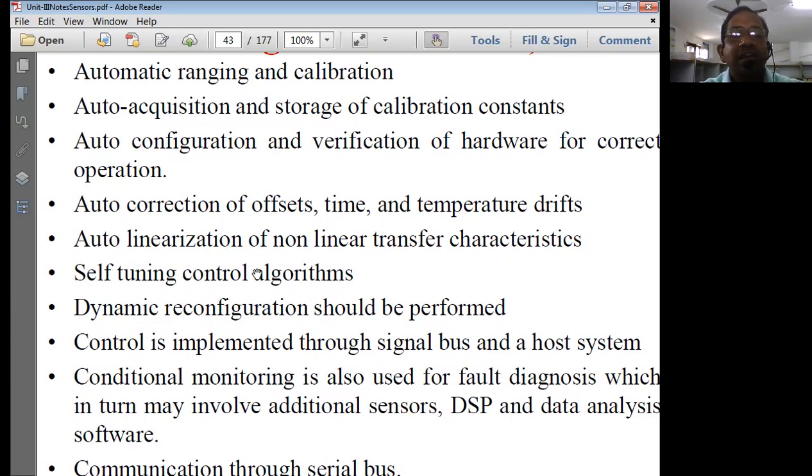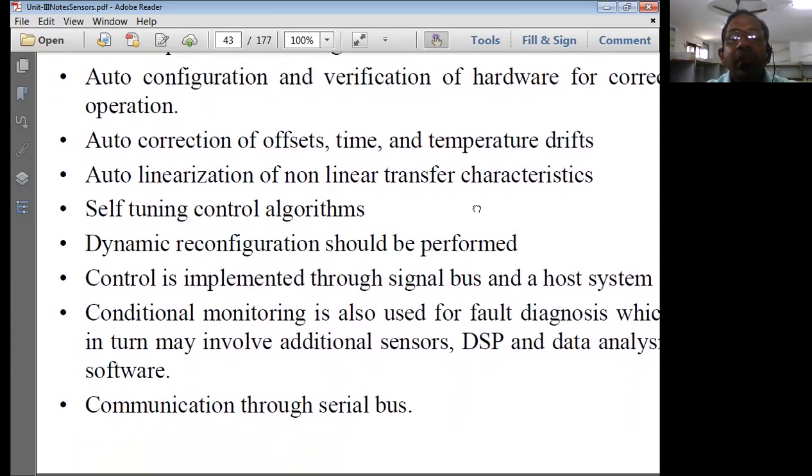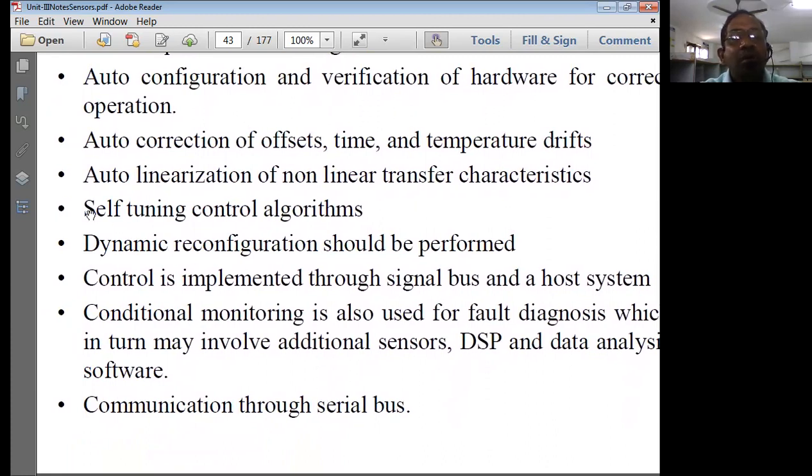Auto linearization of the non-linear transfer characteristics. Here, the human being always wants linearization because a human being is analog in nature, not as fast as the computer. Therefore, he needs linearization.